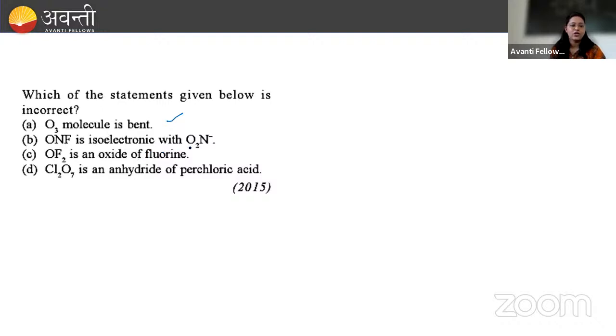Next, ONF is isoelectronic with O2N minus. So here we need to calculate the number of electrons present in both the species. So number of electrons present in O, N and F. Calculate that. If they match with O2N minus, then we can say that the species are isoelectronic with each other. यहाँ पे कितने ऑक्सीजन में कितने हैं?